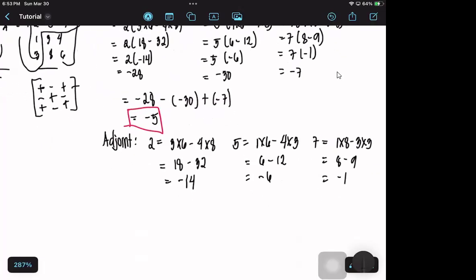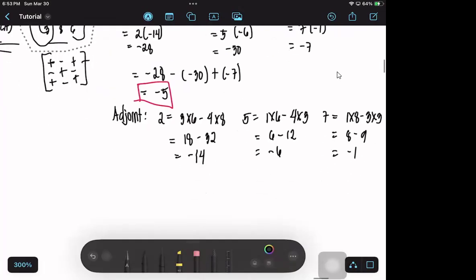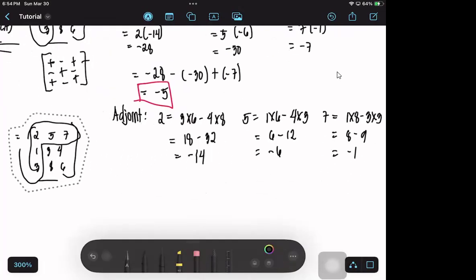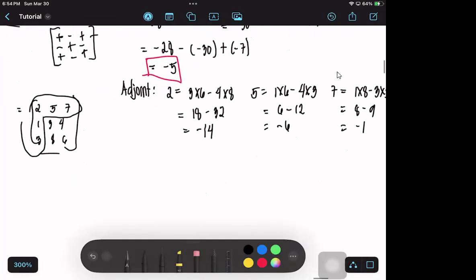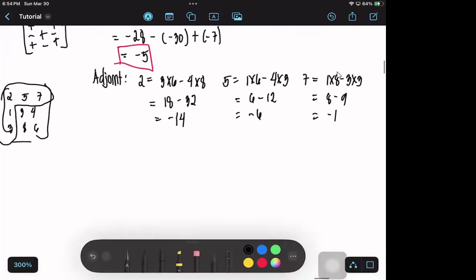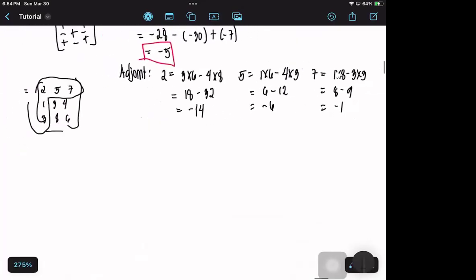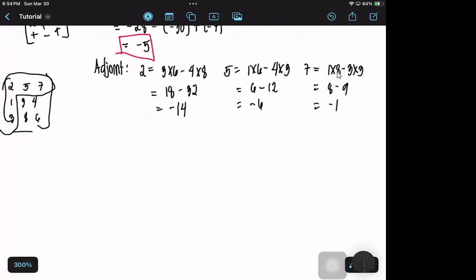So for this one here, let me just copy that here so that I could manage to do it correctly. Now for the adjoint of the cofactor of your one, for the second row, it will become 5 times 6 minus 7 times 8.